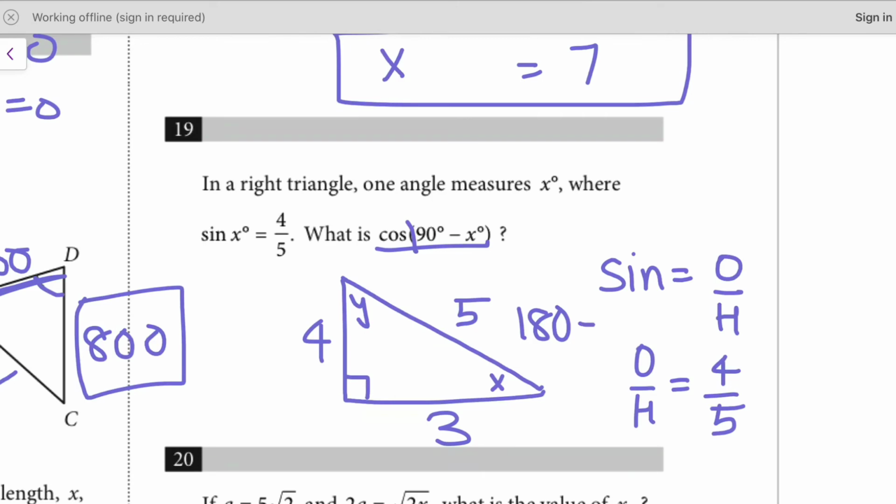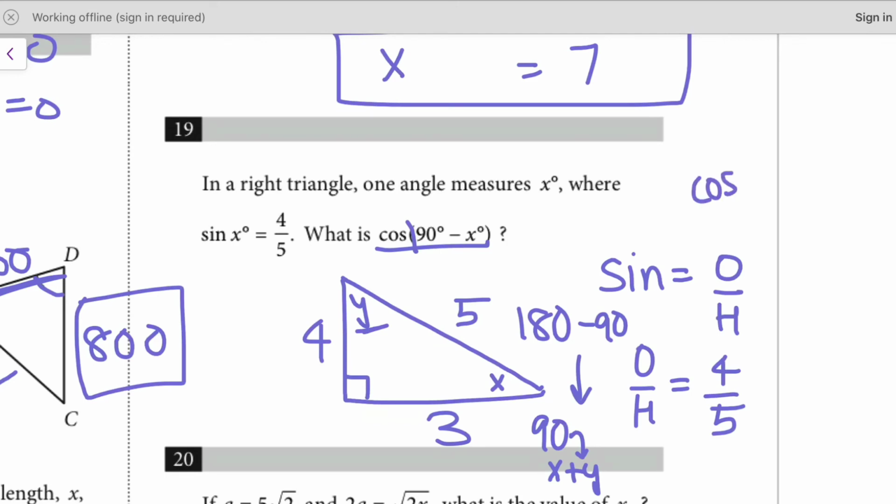I have a right angle, right? So I'm going to subtract 90 from that. I'm left with 90 degrees. 90 degrees is the sum of angles x plus y, right? So angle y, which is this angle over here, is equal to 90 degrees minus x degrees. So that's all they're referring to over there.